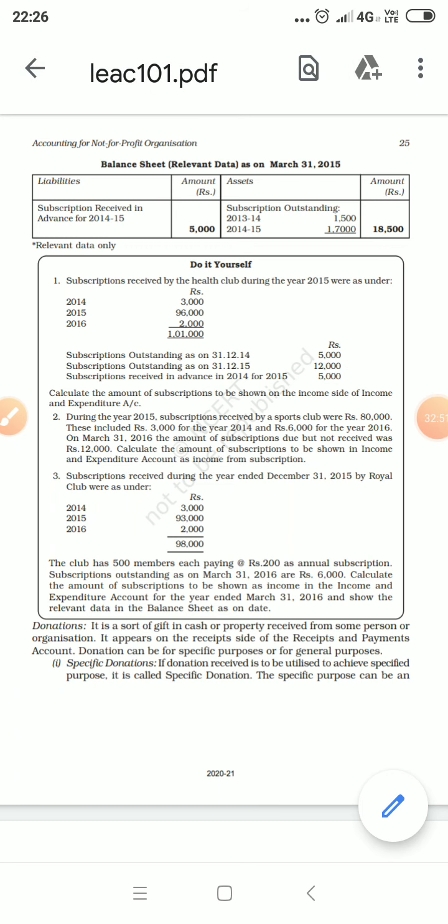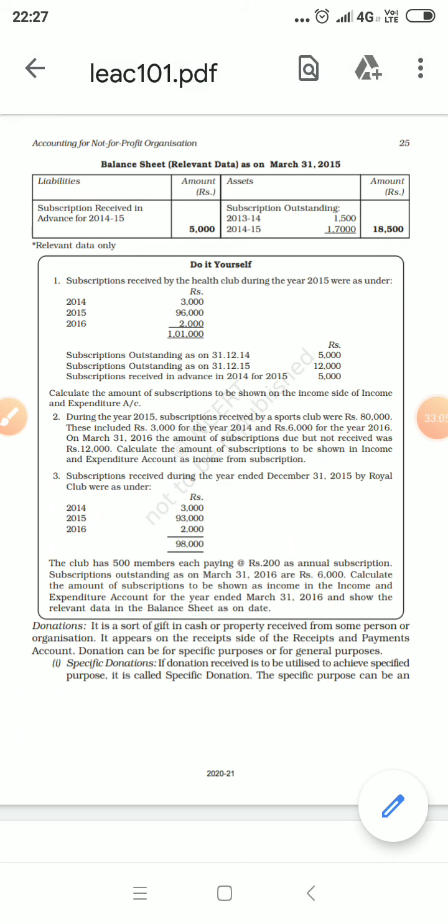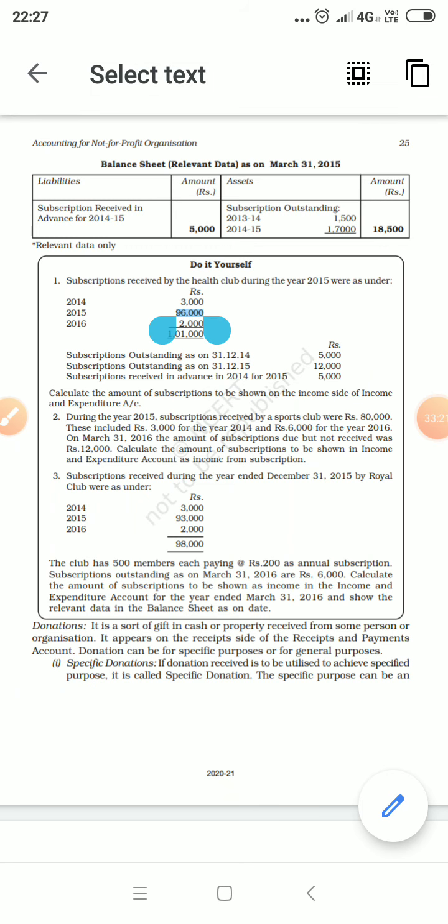And subscription received in advance in 14 for 15, that is previous year we received in advance, but this belongs to current year, 5,000. Calculate the amount of subscription to be shown on the income side of the income and expenditure account. So it is not asking you to show all the relevant items. The question is asking you to show only the amount which is to be credited to the income and expenditure account. So take 96,000. With 96,000, you have to add current year's outstanding. What is current year's outstanding? Is it 12,000?